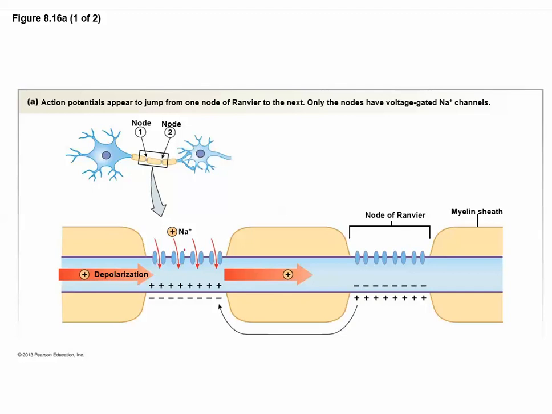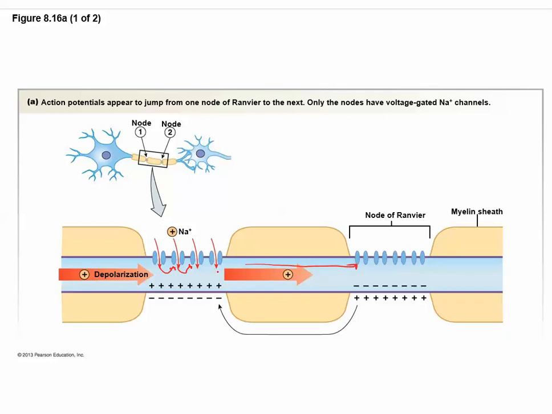These are the voltage-gated sodium channels, and we can't forget that potassium channels are repolarizing it, but it's easier to just draw the sodium channels. It shows the depolarization, and this one is going to depolarize that one, which depolarizes that one. You could have it doing it that way all the way along. But if you insulate it so you don't lose the charge so quickly, you can make it go this far.